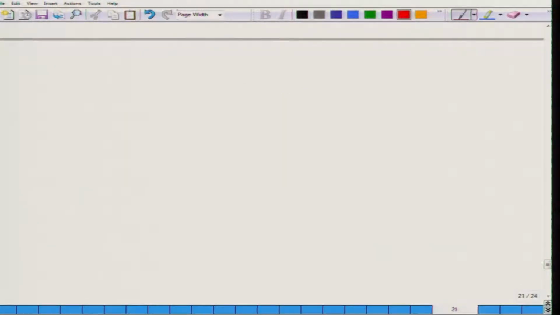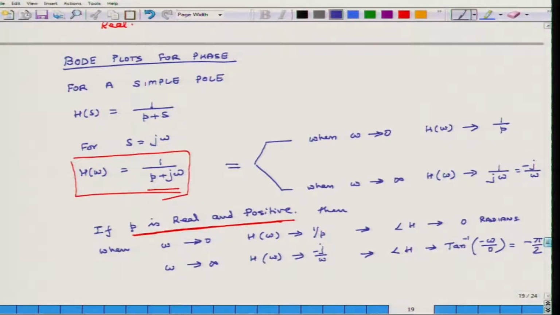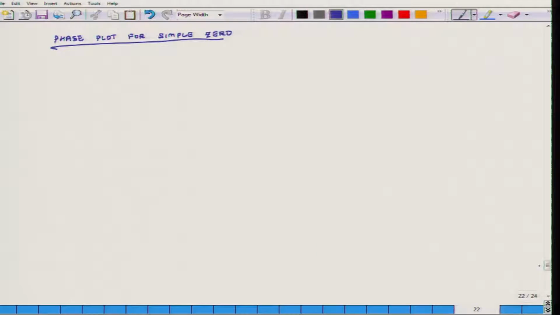Next, we will do the phase plot for a simple 0. Earlier we had done a phase plot for a simple pole. Now, we are going to do a phase plot for a simple 0. So, in this case H of s is z plus s, it is a simple 0.